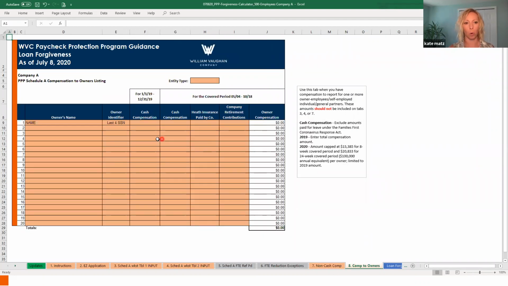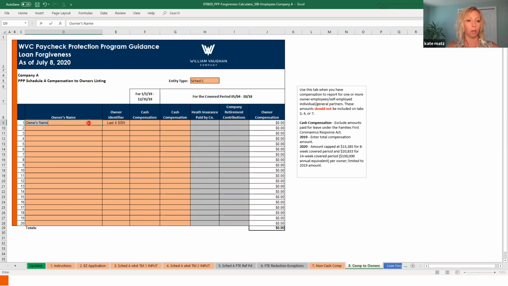And this is where we're going to input the owner compensation information. So at the top here, we want to select our entity type as a Schedule C. And you can see that made these two columns gray, meaning that health insurance paid by the company and company retirement contributions are not eligible to be included in the forgiveness calculation for Schedule C folks.